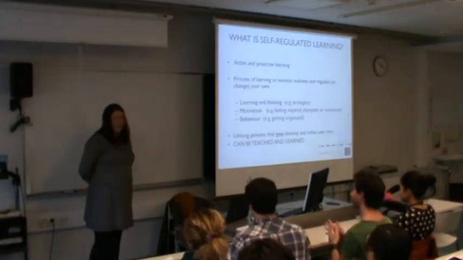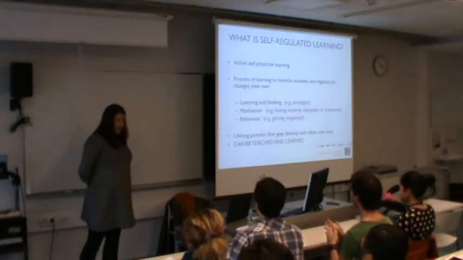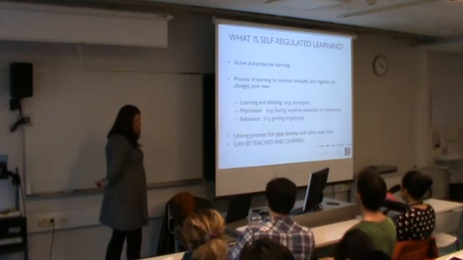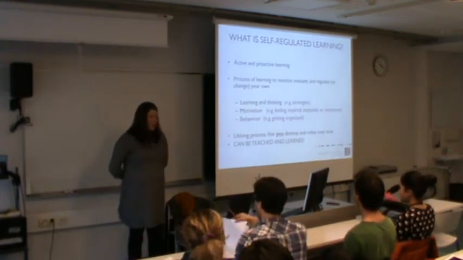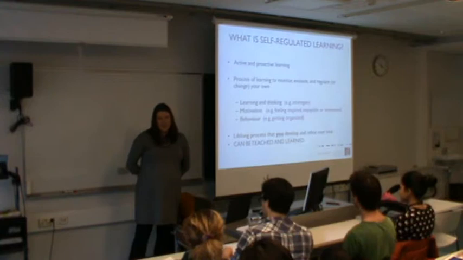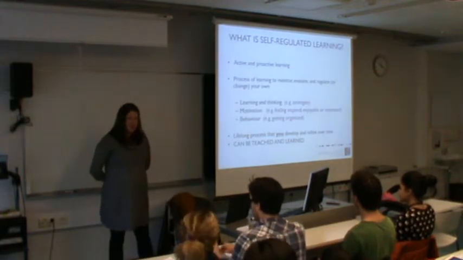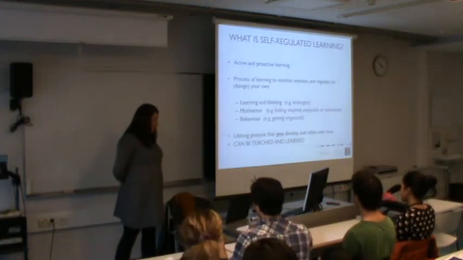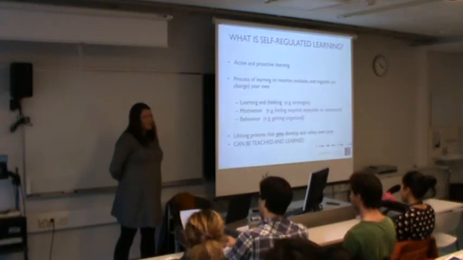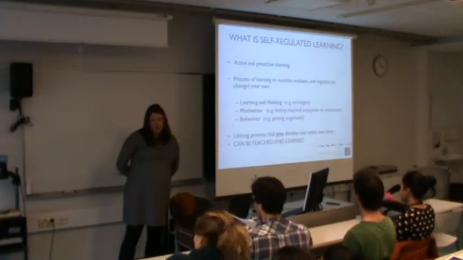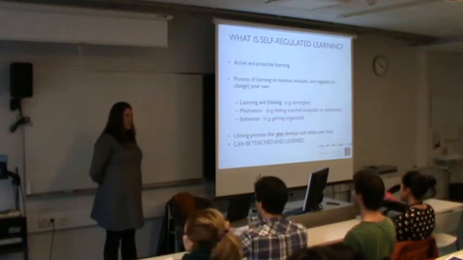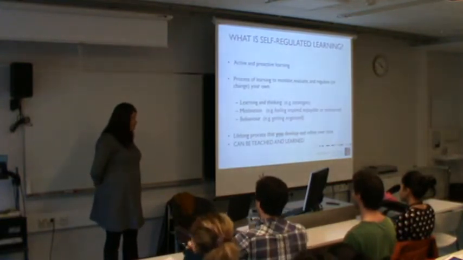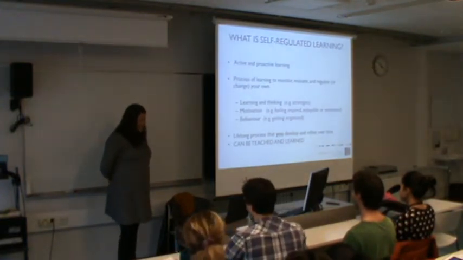But when and how, it varies. So self-regulated learning is active and proactive learning. It means that a person is in charge of his or her own learning, but also thinks about different options, how he or she can change the current situation so it would go even better.